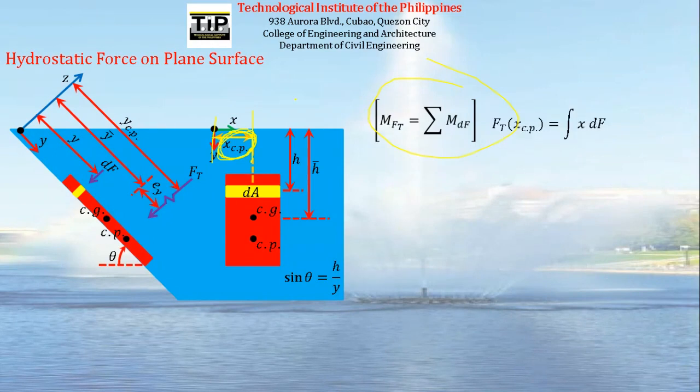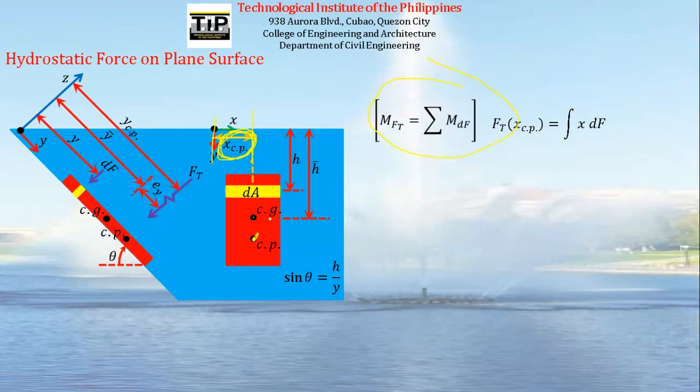So we will have force. So yung force natin nag-a-act dito. Hindi lang natin kita dito kasi yung force natin papunta dun sa center of pressure na to. Okay, papunta dyan, in this direction.